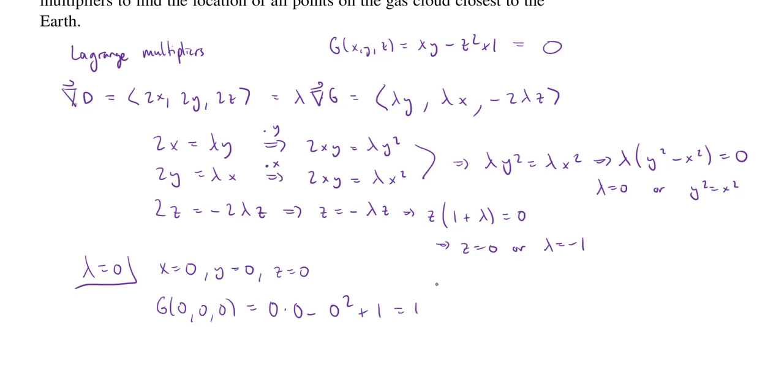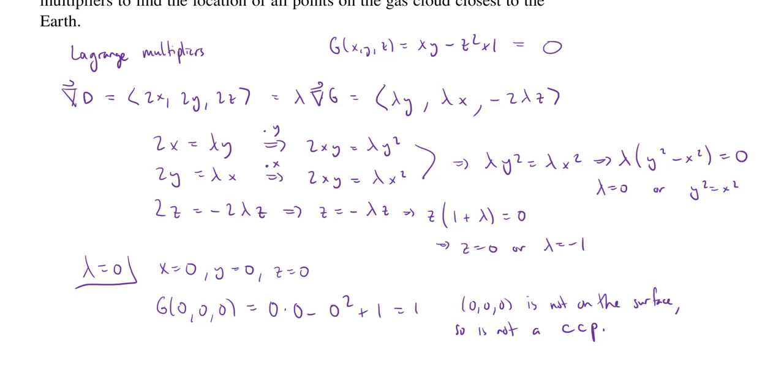So 0, 0, 0 is not a constrained critical point. If lambda is equal to 0, we just don't get anything useful, so that's not one of the considerations.